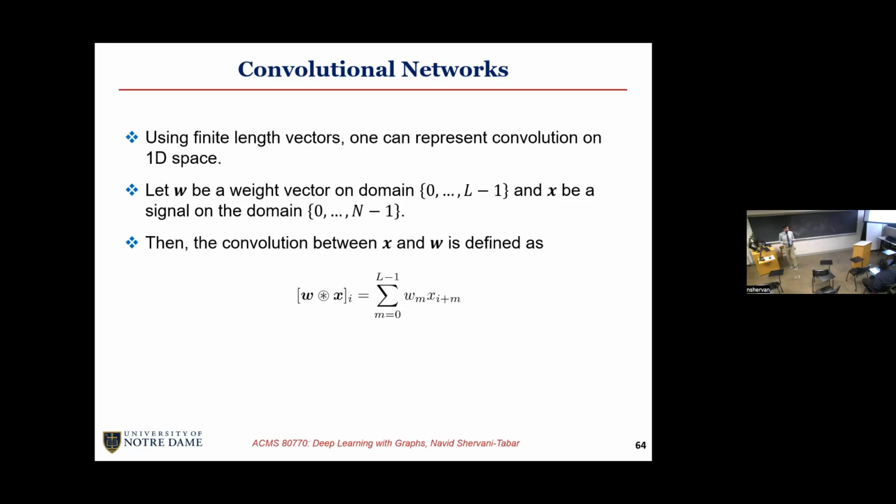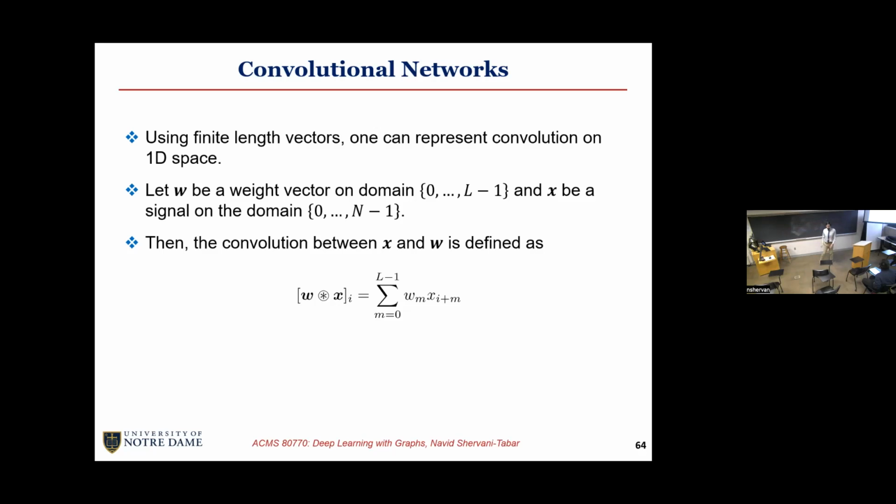Convolution is defined as an operator on 2 functions. And we can think about 2 vectors in 1D as functions that are evaluated at some grid points. So we can say that some weight vector W is evaluated at points 0, 1, until L-1. And we have some data X, which is evaluated on some grid points 0 to n-1.